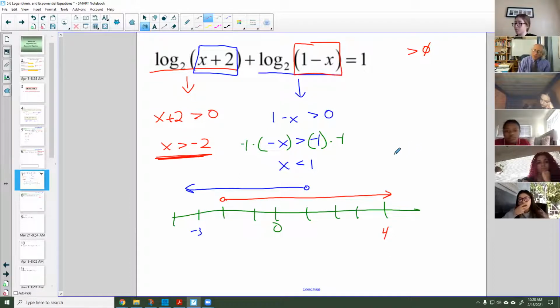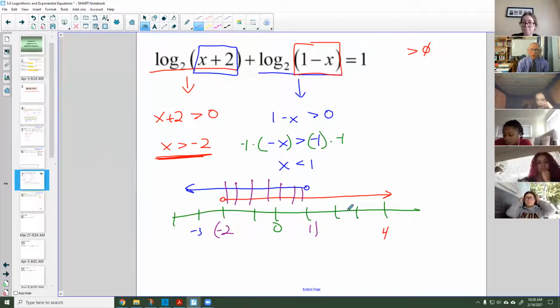So the domain of this problem is only where I have both lines. So it goes from -2 to 1, and not including both of those. That's where I'm crossing both lines. If I can only cross one line, nope, can't do it there.